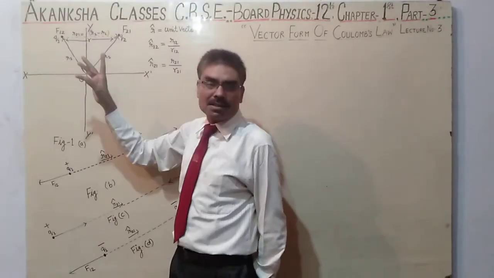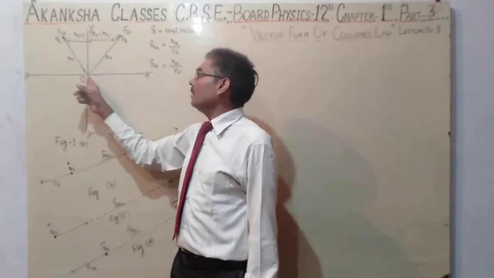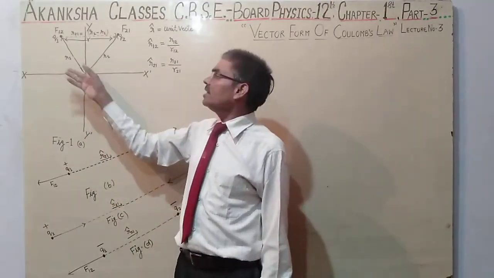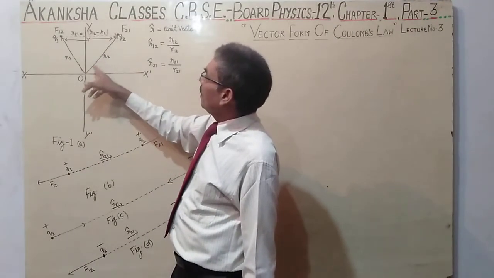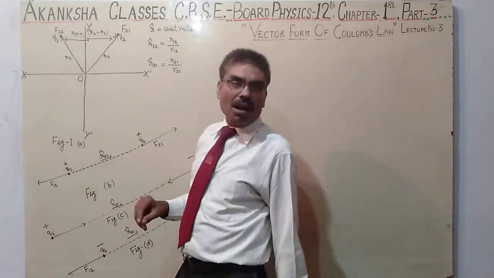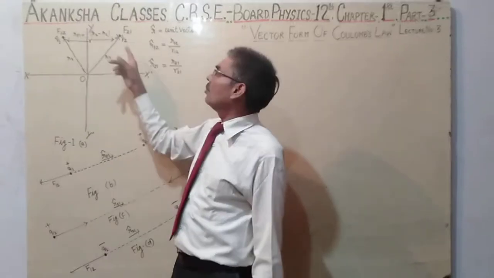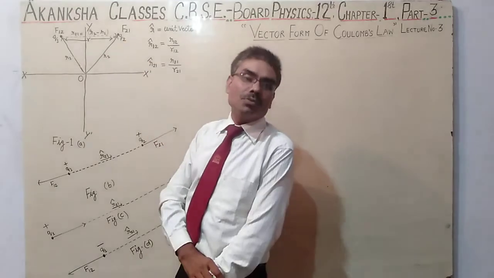Hence, 1 is written first. And from where is it sent? It is sent from the origin. But there is no need to write it, as it is common sense. But again, R2 is a position vector representing charge Q2.